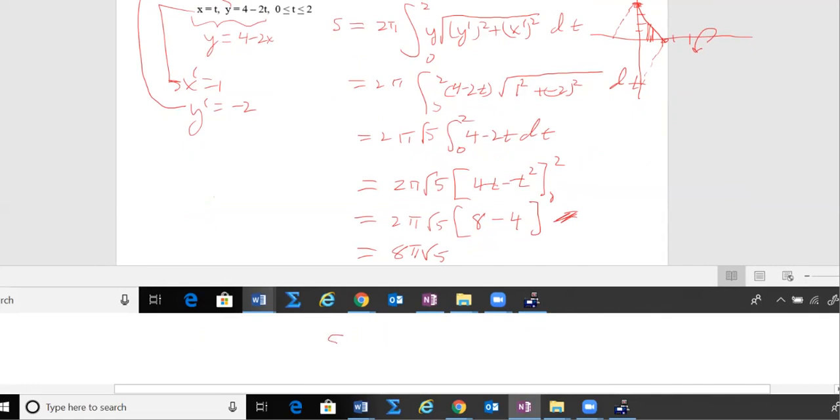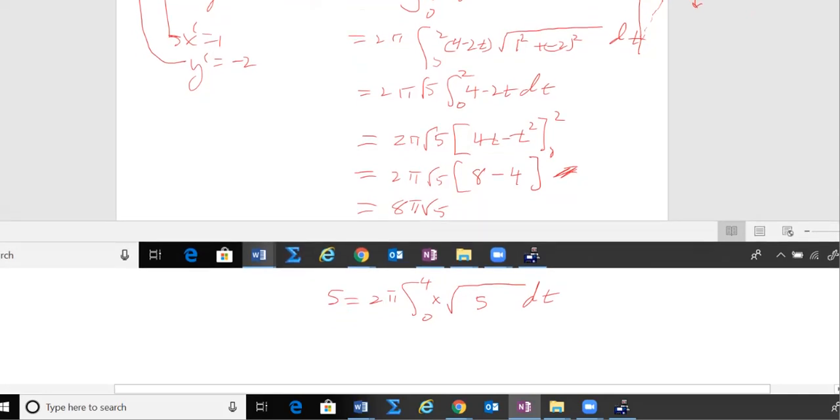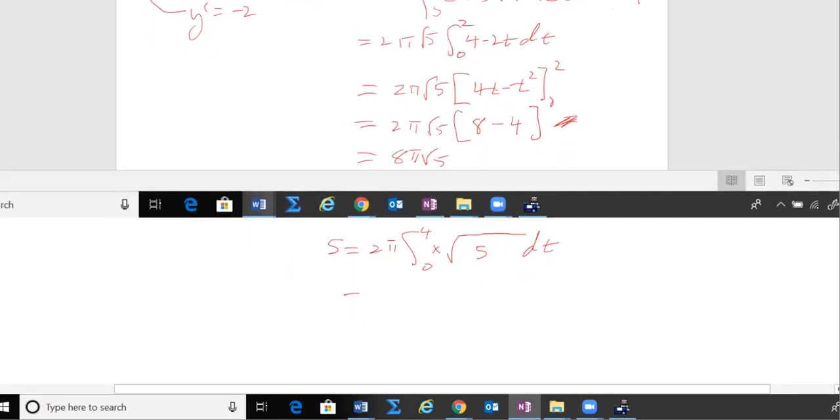So let's set it up this way. 2 pi. This time we're going to go from 0 to 4 because that's the intersection up here at 4. And we want x because that's the distance out to that curve. And then you still want the same derivatives in there, which are going to give us a root 5. Remember, taking those derivatives. So that part isn't going to change. 2 pi root 5.